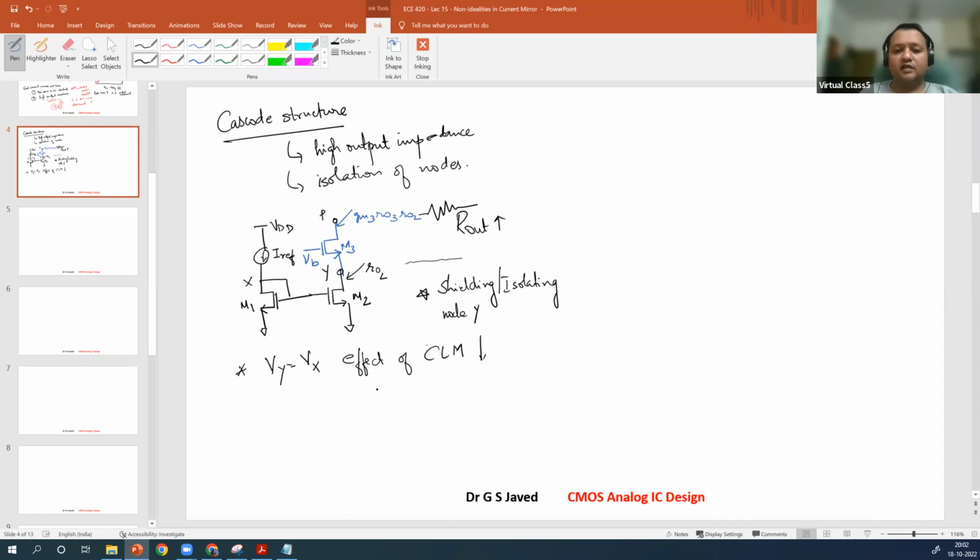How do we do that? The way to do that is to increase the device size. So I out is equal to I ref times W over L 2 over W over L 1. Now what happens? This now only depends upon the device geometry and device scaling.